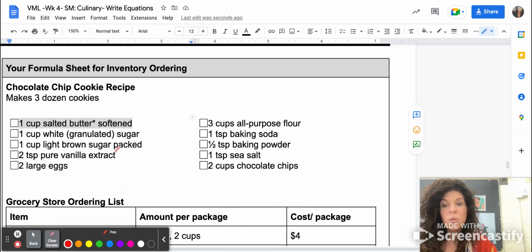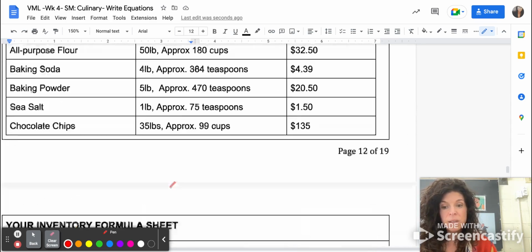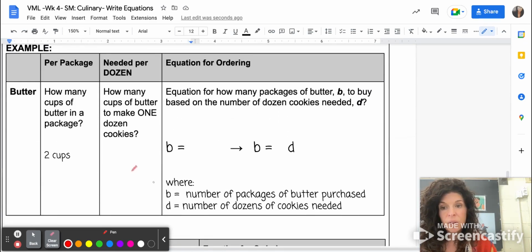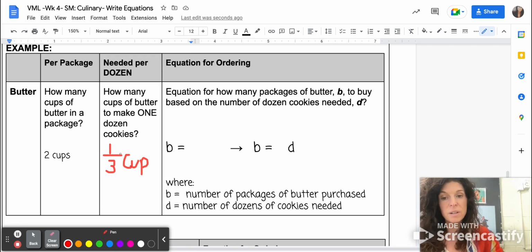So in 1 dozen, there is going to be 1/3 of a cup. Because there was 1 cup in 3 dozen, and for 1 dozen is just 1/3.